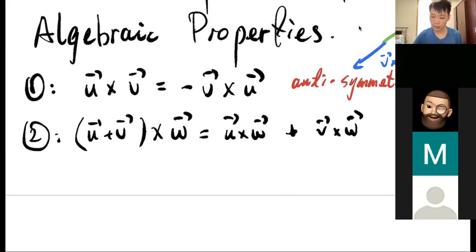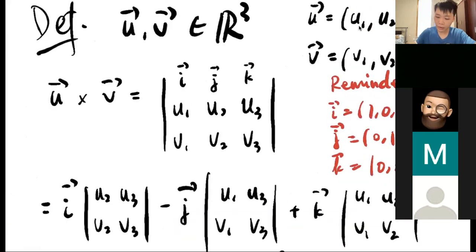The idea of the proof is that the determinant with rows u1, u2, u3 plus v1, v2, v3, and w1, w2, w3 can be broken down into two separate determinants. That has to do with a property of determinants that I would just take for granted. You will learn it in a matrix algebra or linear algebra course later on.